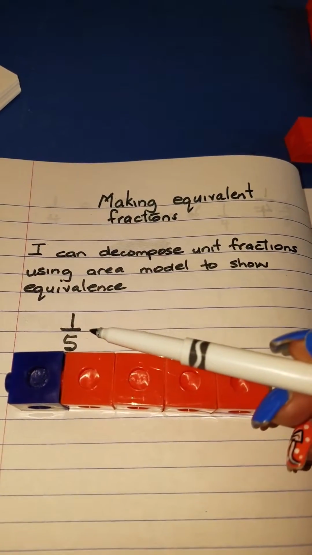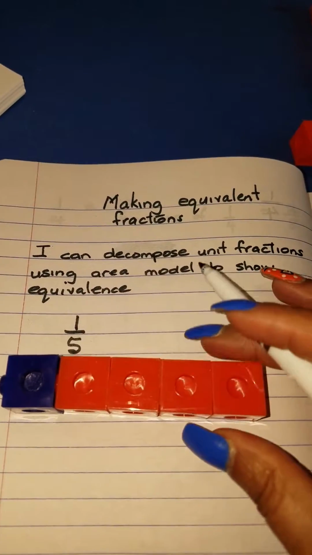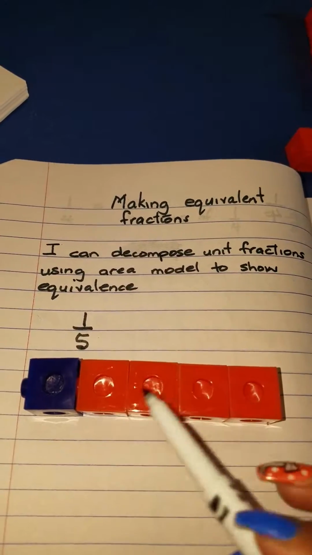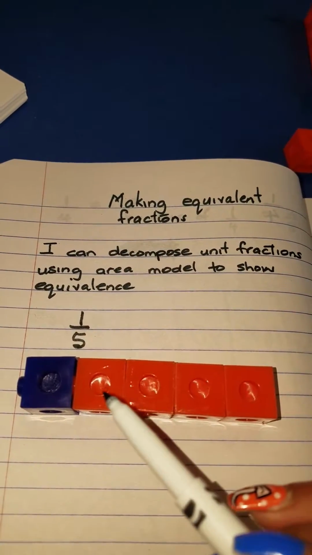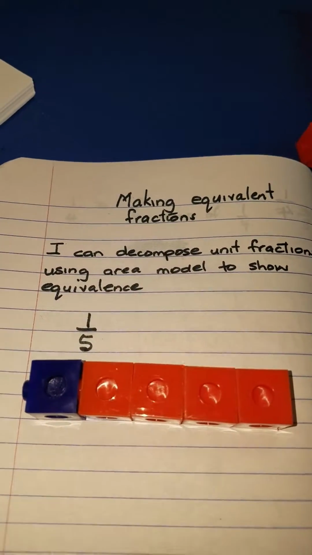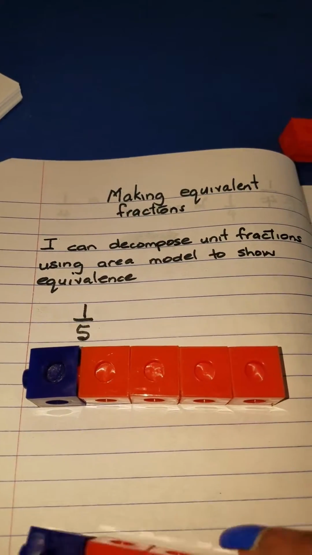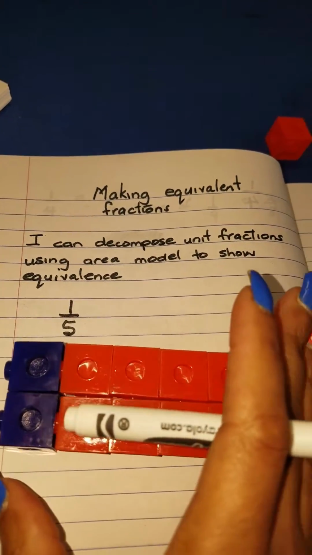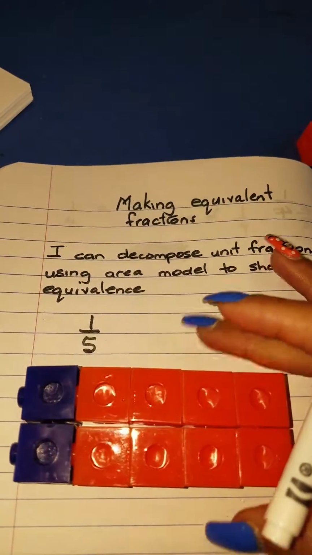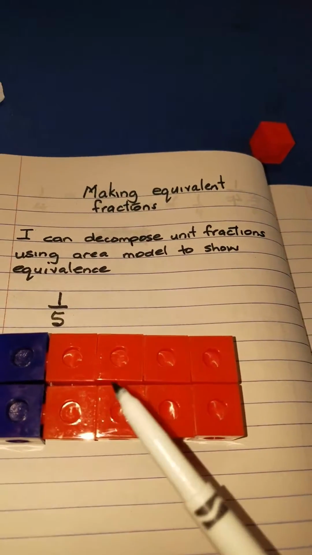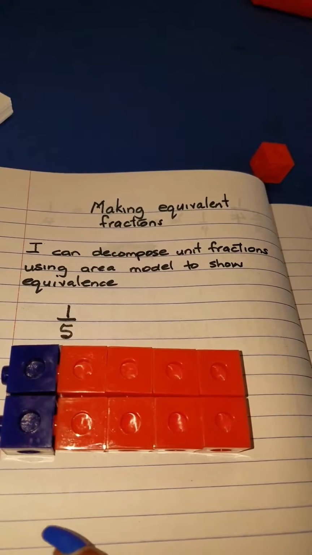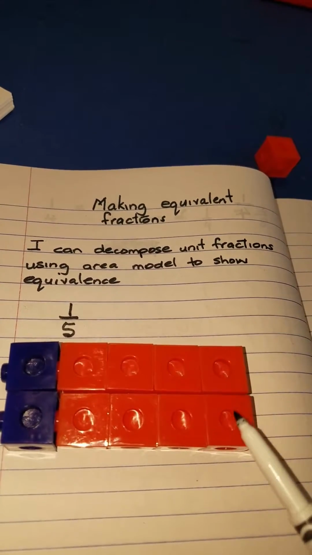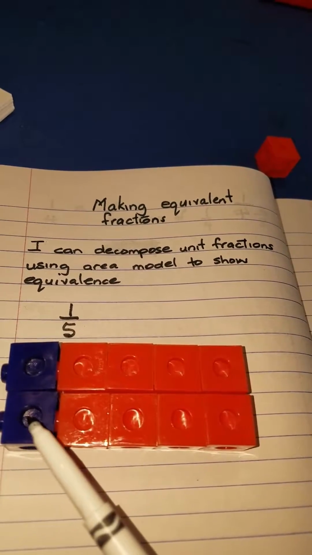Now if I wanted to find an equivalent fraction to 1/5, I may be able to put these in rows, which means I'm going to duplicate or make another model similar to this. Now these are the same exact fractions, but I'm going to count the number of pieces I have at this time: 1, 2, 3, 4, 5, 6, 7, 8, 9, 10.